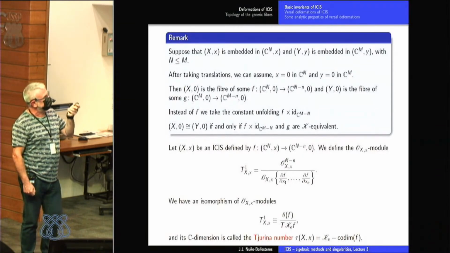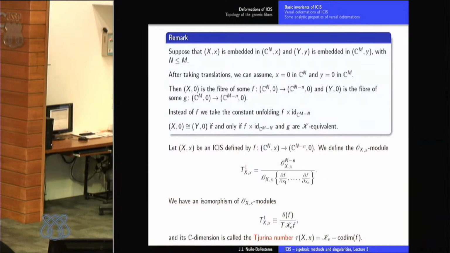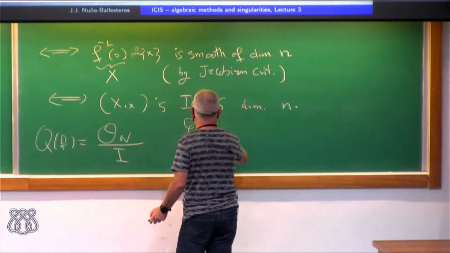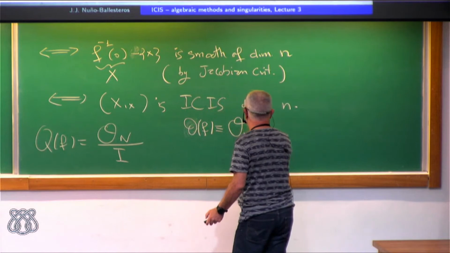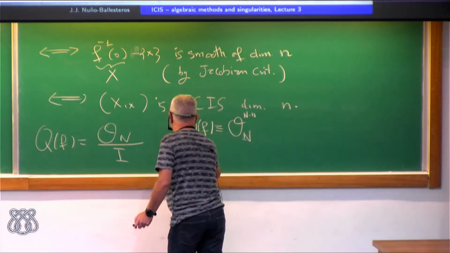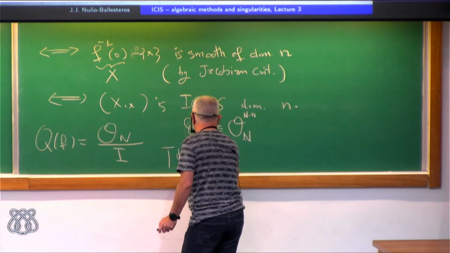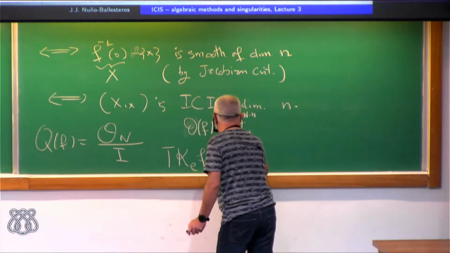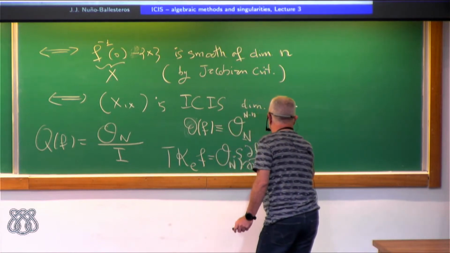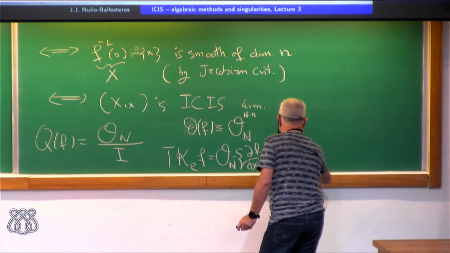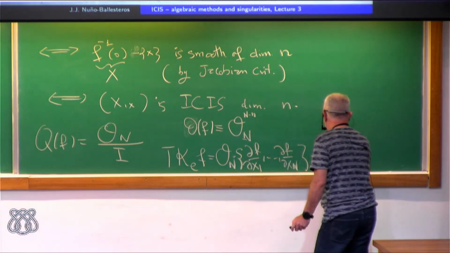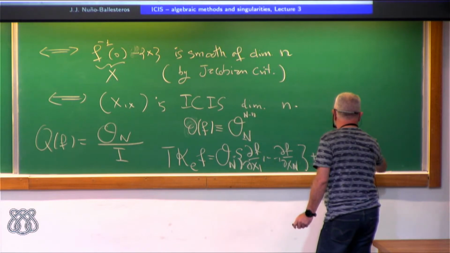But recall that the K-tangent space, theta F, can be identified with O_n to the power p, and the K-tangent extended space of F, by definition, is O_n times the partial derivatives, plus the ideal I times O_n to the power p.